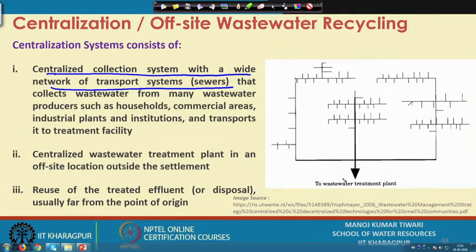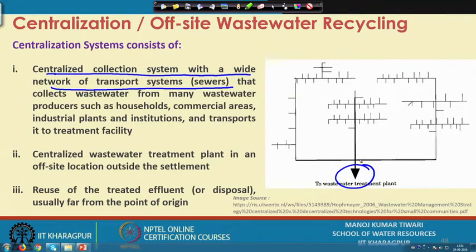Then there needs to be a centralized wastewater treatment facility. All the wastewater which is collected, when it is channelized to a single point, the volume becomes quite huge. That bulk volume has to be treated in a wastewater treatment facility.